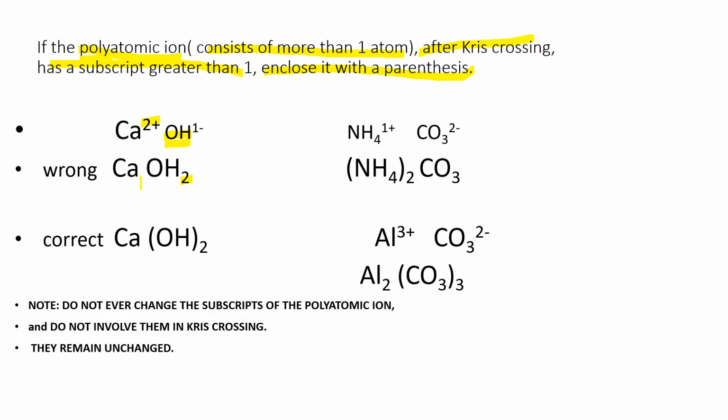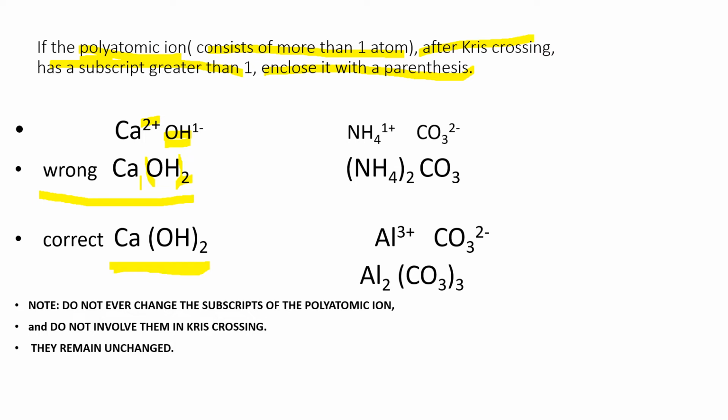Because the subscript of the polyatomic ion is greater than 1, it has to be enclosed in parentheses. That is why the formula is Ca(OH)2. So remember, this is wrong. This is the correct one.